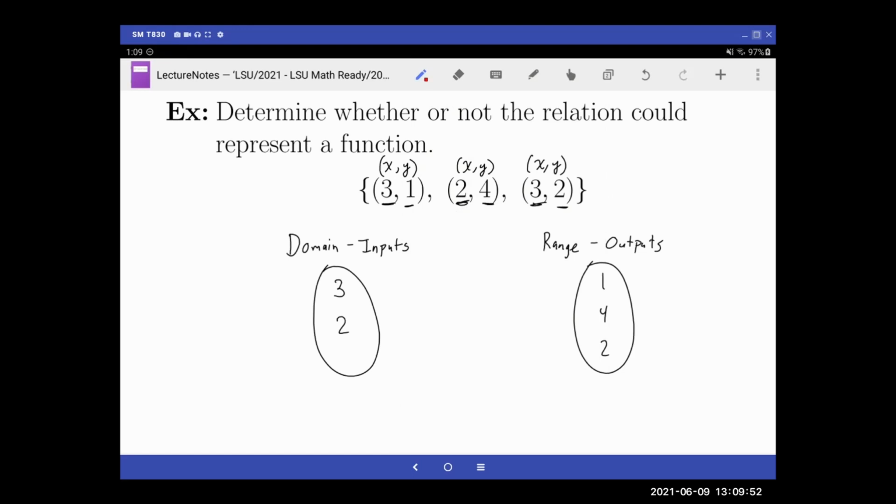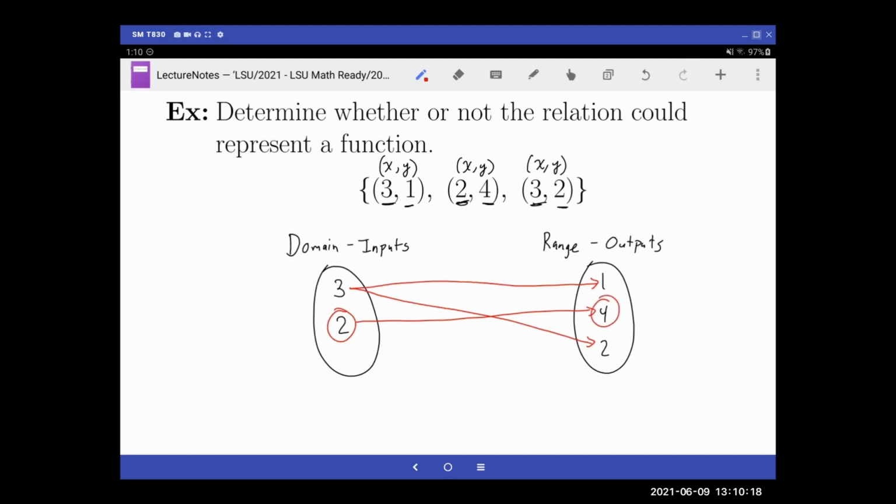And let's see what the correspondence is, okay? How are they connected? Well, these points up here, right, these ordered pairs connect. 3 is connected to 1. Okay, 2 is connected to 4. 3 is also connected to 2. Now, remember what I said earlier, right? A good function is one where when you plug in 2, right, you plug in a number, you will always get 4.